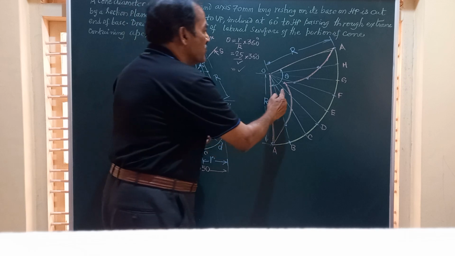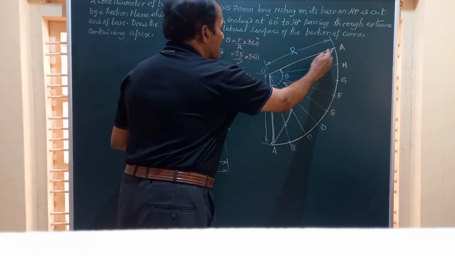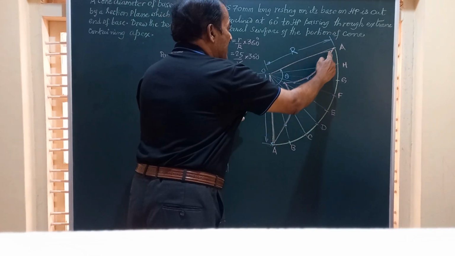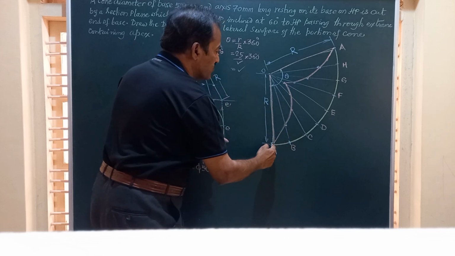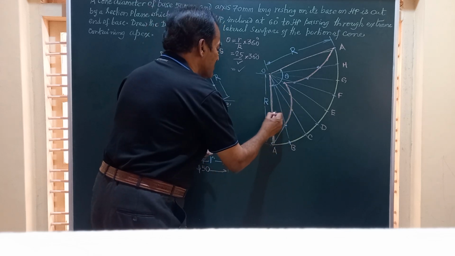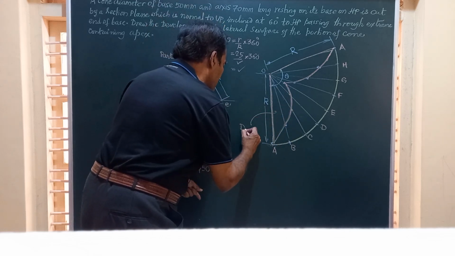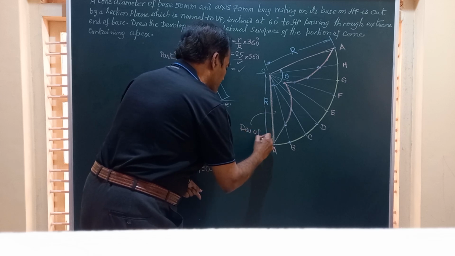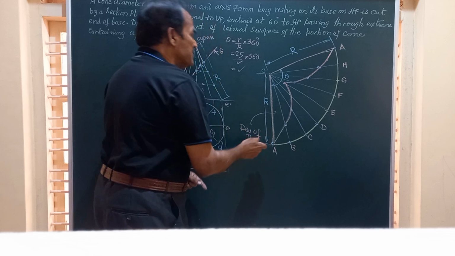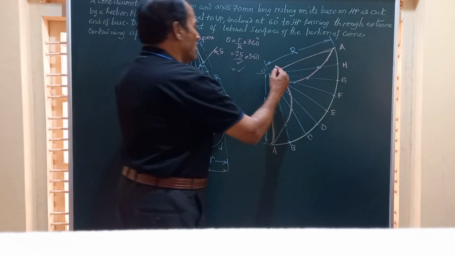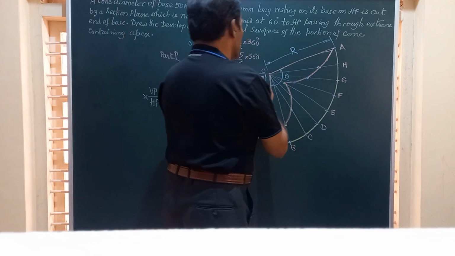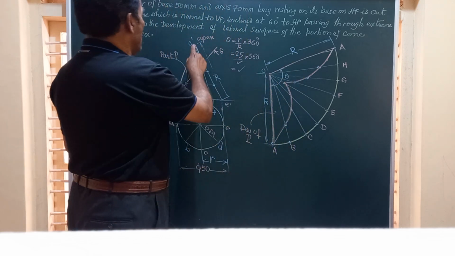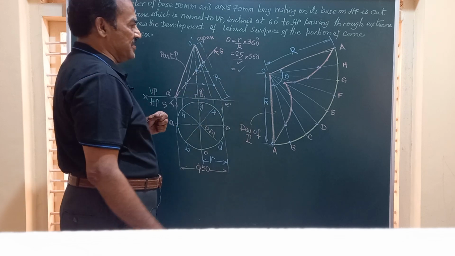Friends, the portion above this you can see here, this part OA along this curve, and this portion will represent what is called the development of P, the portion of the object which has got the apex in it. So we have got this part, apex retained in the development.